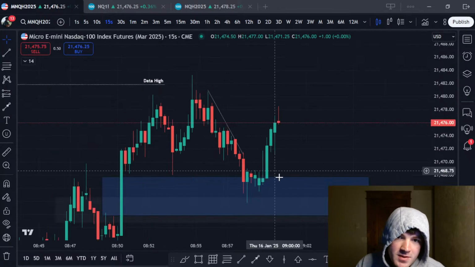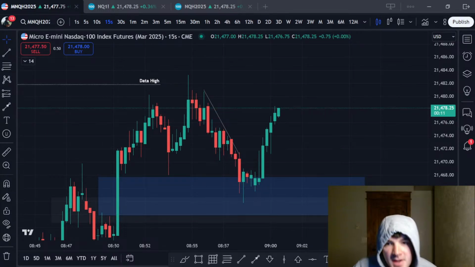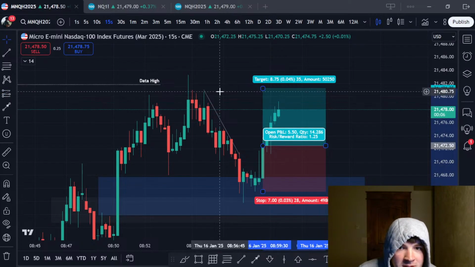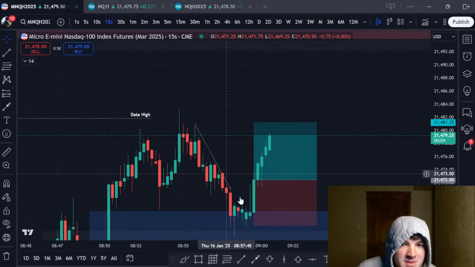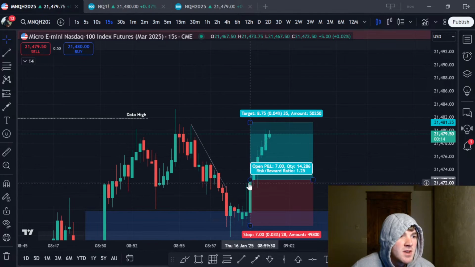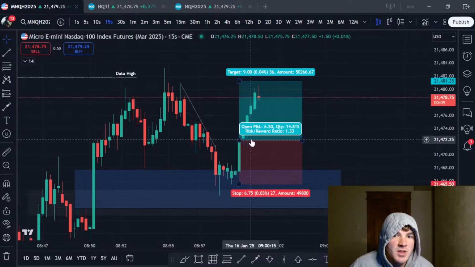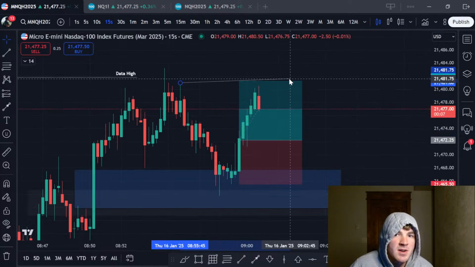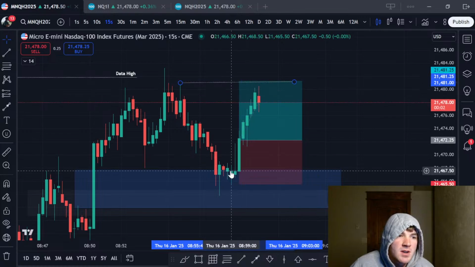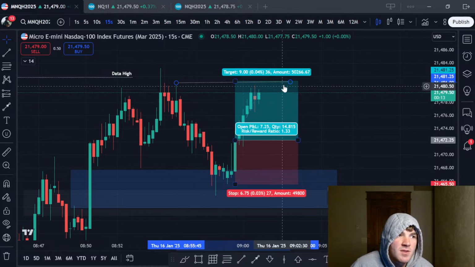There was not even an inverse fair value gap here, so I guess you could enter on this momentum candle, but I'm not longing with LRLR below. This is what I'm saying about momentum candles. If you understand where the liquidity is, just enter on a momentum candle to target the highs, because you know that when you buy here, someone within this range is going to sell for a loss up here.